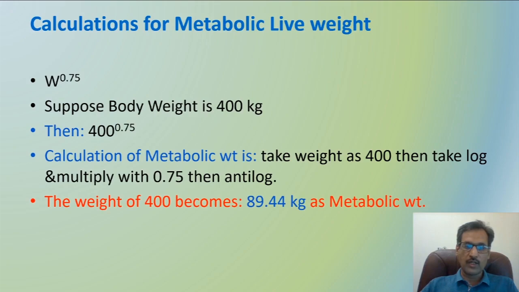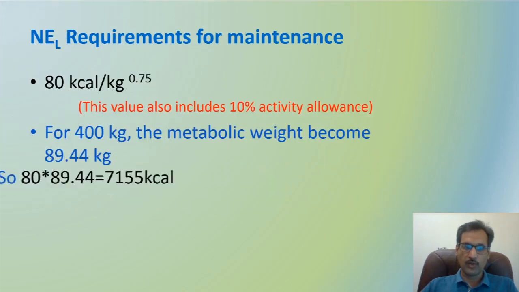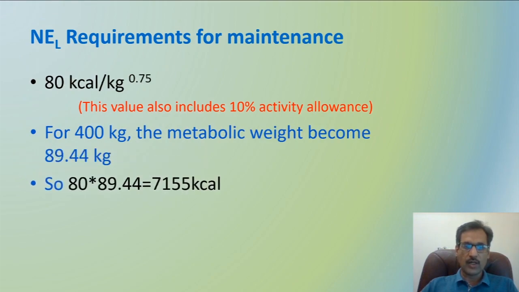So for 400 kg, if we do the same procedure, we get a value of 89.44 kg. This is the metabolic body weight of our animal. So simply multiply this value with 80 kilocalories, then we will get the amount of kilocalories, and if we convert it into megacalories, it is 7.15 megacalories of maintenance energy requirement in the form of net energy for lactation.